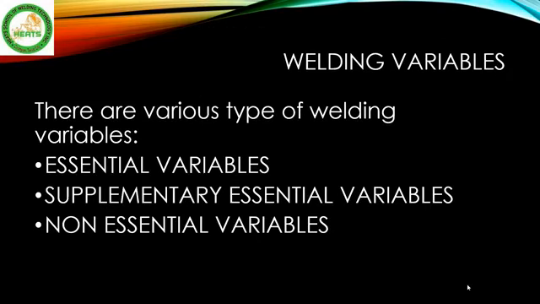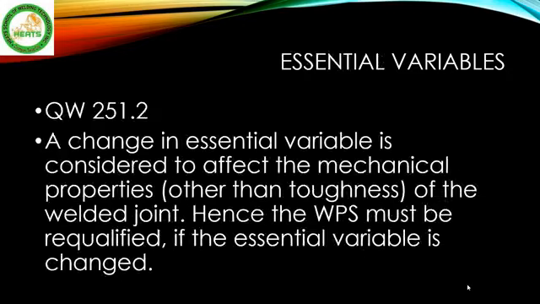Right. Before I proceed to others, let me discuss the welding variables. There are various types of welding variables. These are the essential variables, supplementary essential variables, and non-essential variables. What are these variables anyway?